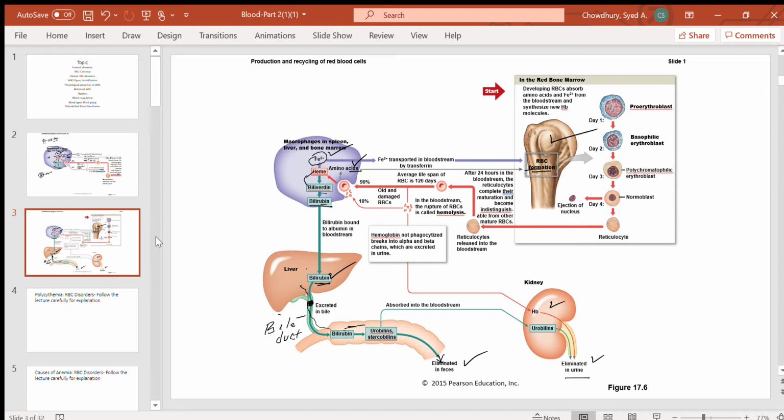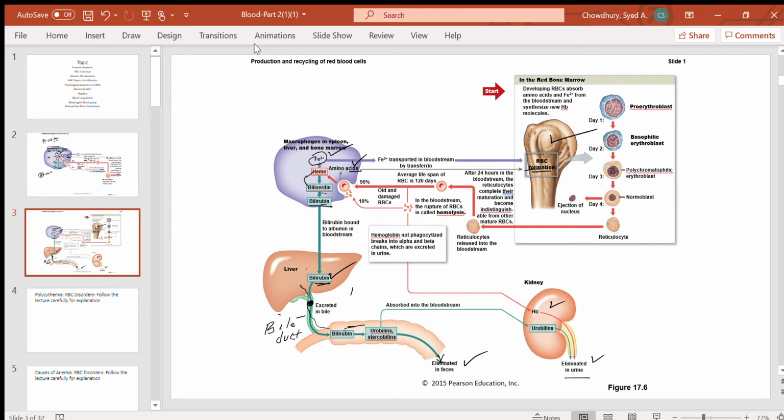So you see the sclera of the eye, which is white. Normally it will get yellowish, and also the skin, nail beds will get yellowish, and that clinical condition is called obstructive jaundice.